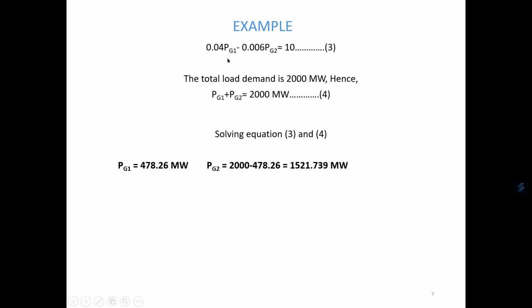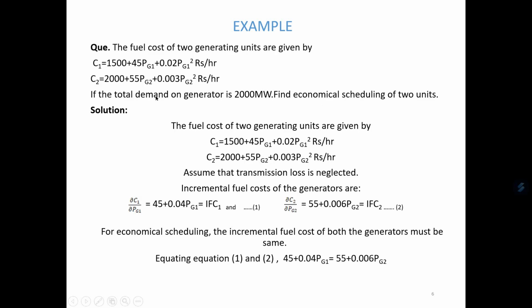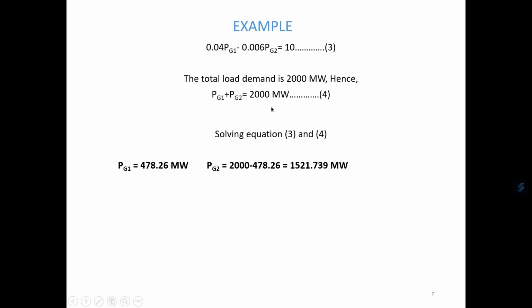Now, to find these two variables, we need two equations. So how will we get the second equation? In the numerical, there is the information that the total demand on the generators is 2000 megawatt. That's why we can write Pg1 + Pg2 = 2000 megawatt, because we are neglecting the losses. So now we have equation number 3 and 4.